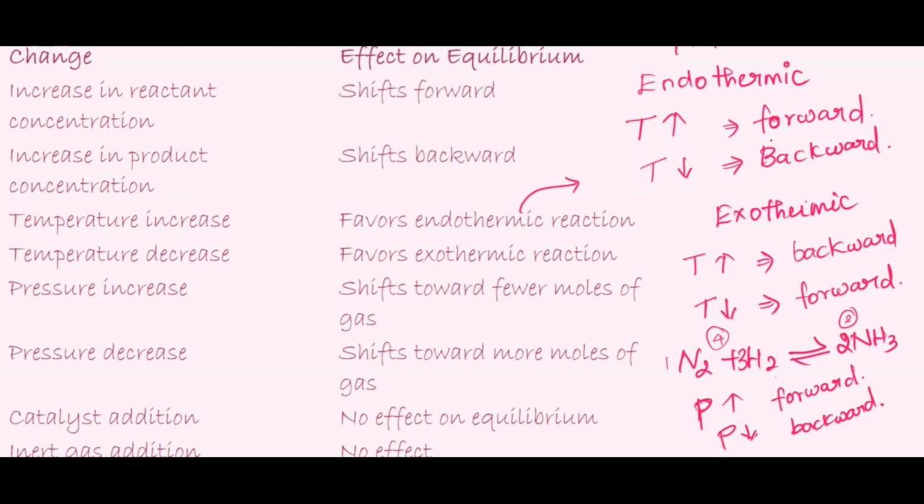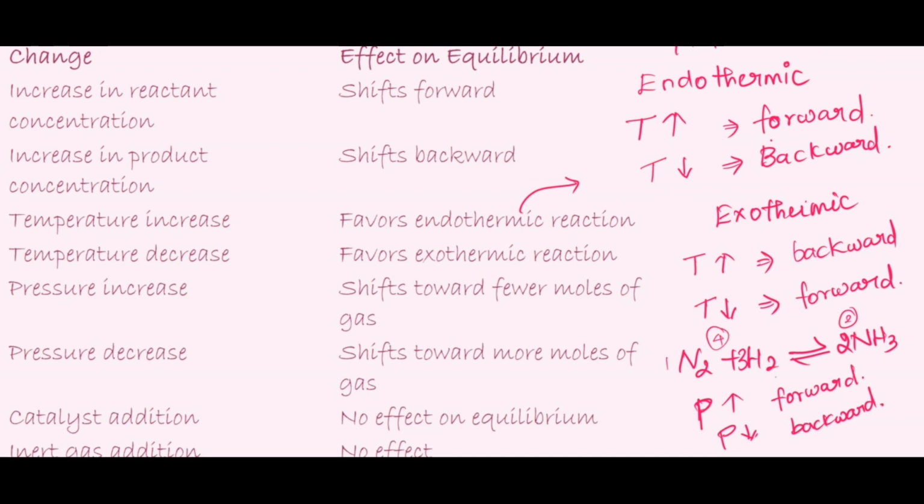Okay, so pressure increases means, imagine a situation you are in a room of 10 people. If the room's size becomes smaller, you can't breathe, so you will make it in a way that fewer people are there in the room.